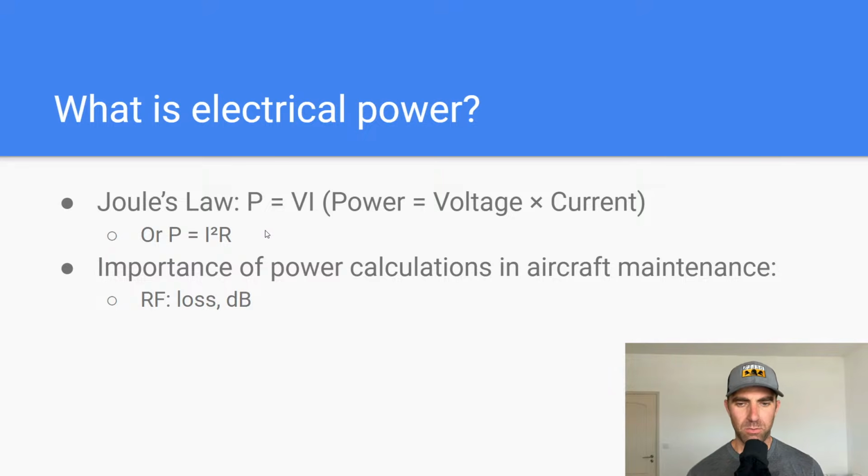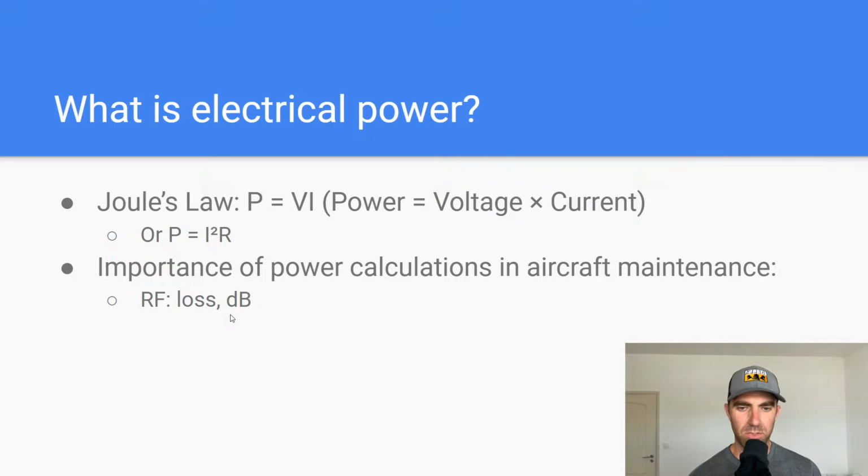And mainly what I've come across in my journeys in aircraft maintenance and avionics has been in radio frequencies. So RF is radio frequency. That would be radio systems, and talking about signal loss due to the length of coaxial cables. Thinking about the coaxial cable that connects a radio to an antenna, something along those lines, and that's measured in decibels.